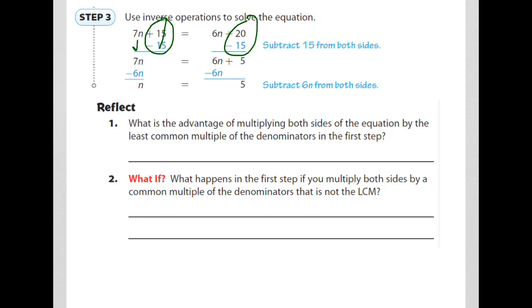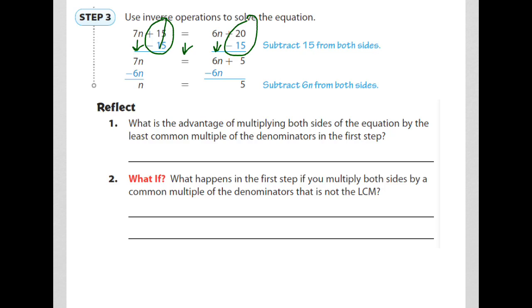Bring down our 7n, and we're left with, on the left side, 7n. Equal sign comes down, is equal to 15 minus 20, which will give us 5. So bring down your 6n and your 5. Okay, so now we have 7n is equal to 6n plus 5.